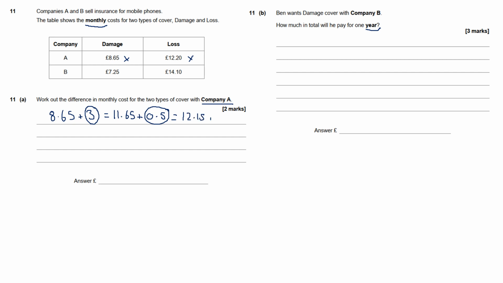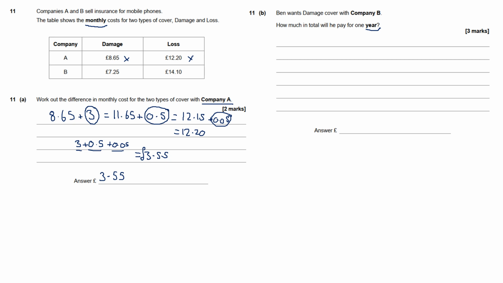And then if I add 5 pence, that gets me to £12.20. So let's add all these up. 3 plus 0.5 plus 0.05. So that's £3, 50 pence and 5 pence. So I reckon that equals £3.55. I'll put the pound sign in now. And here, £3.55.